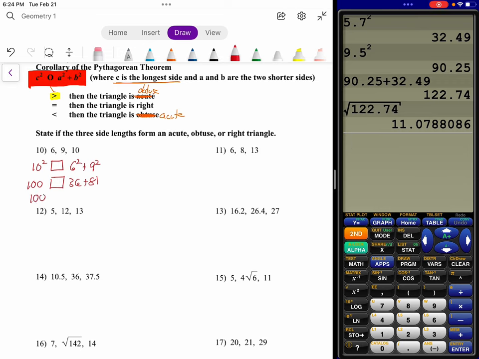Add those together and we get 127. So the 100 is less than, and so this is an acute triangle.